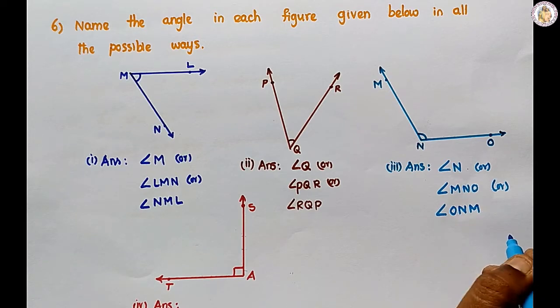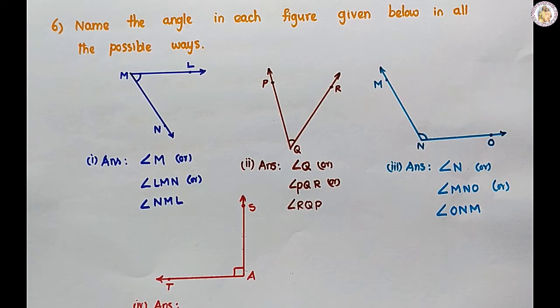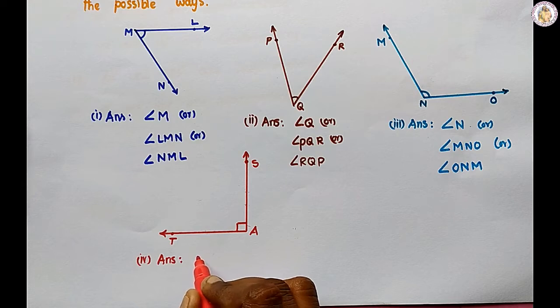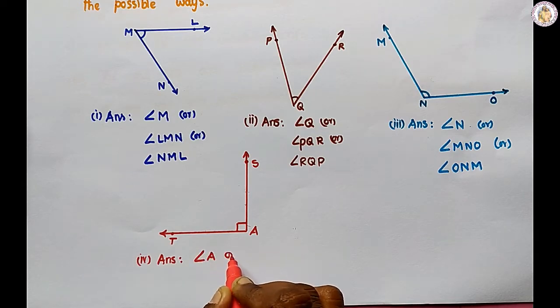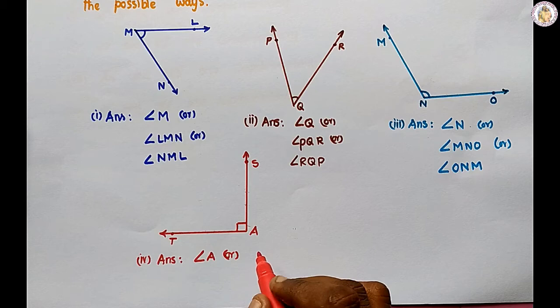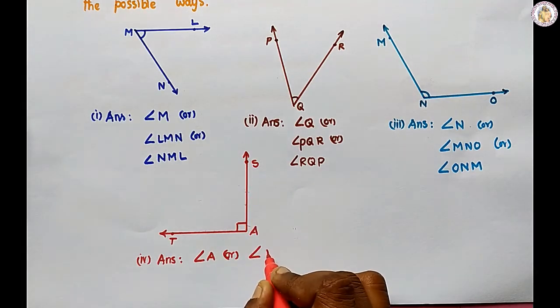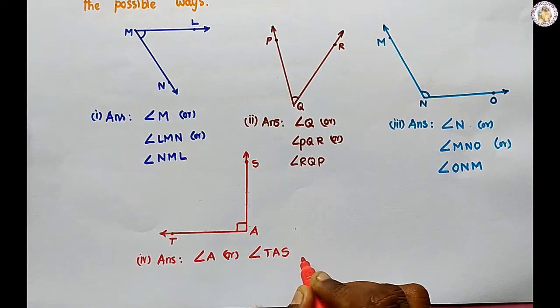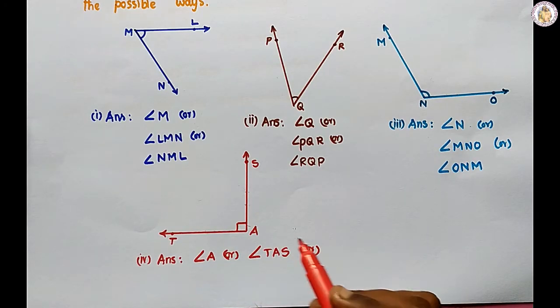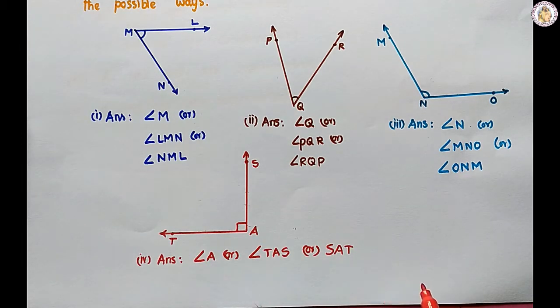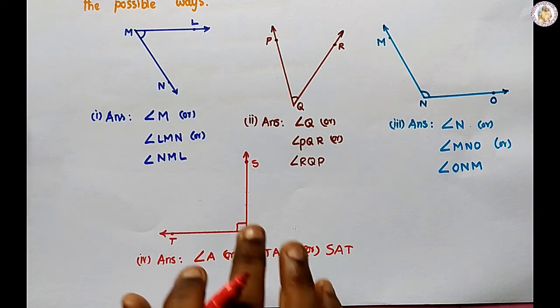ONM. Next one, angle A is the vertex. So angle A, or angle TAS, or SAT. These are the possible way to name the angles.